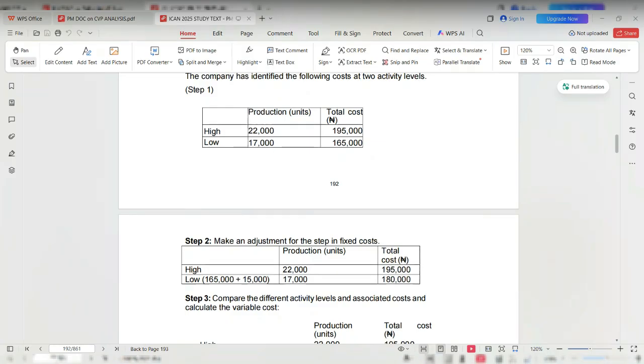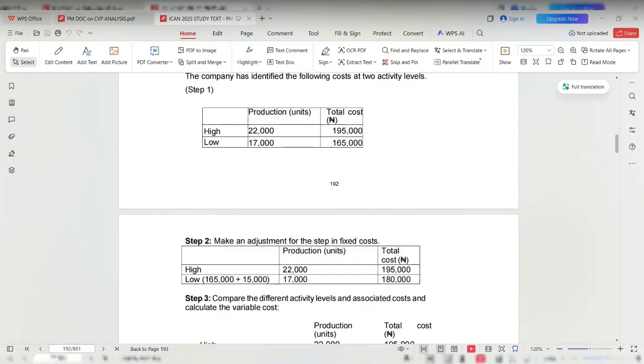Are we still together? Yes. Low will now be what? 17,000. And this one will be 165,000.